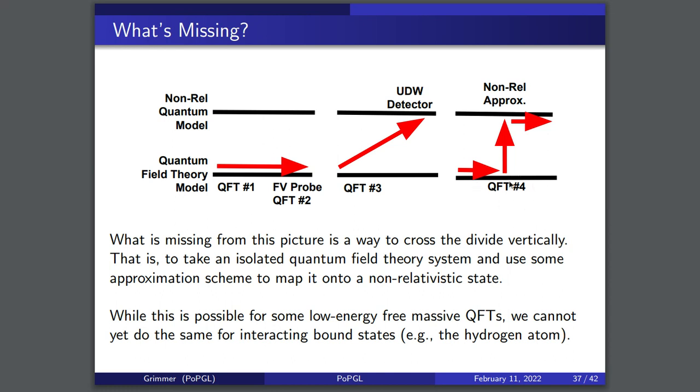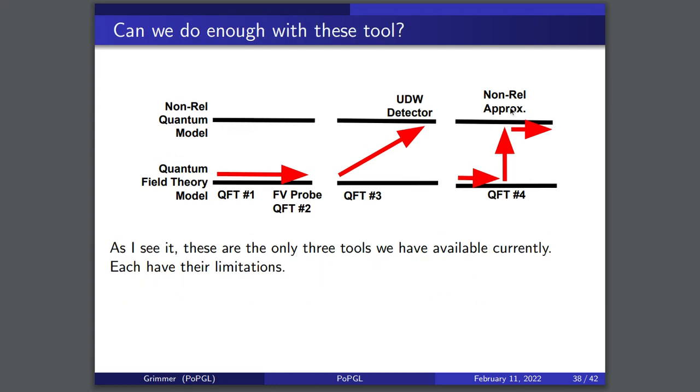We don't even know what to put down here at the bottom, which means we are precluded from finding a map between this thing we don't understand and the first quantized hydrogen atom that we do understand. Right? So, can we do enough with these tools? As I see it, these are really the only 3 tools that we have available currently to model the measurement processes involving quantum fields.